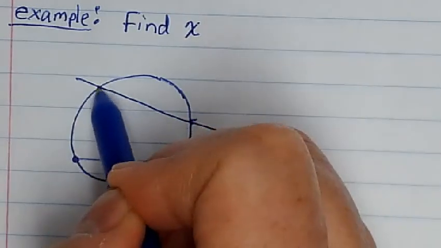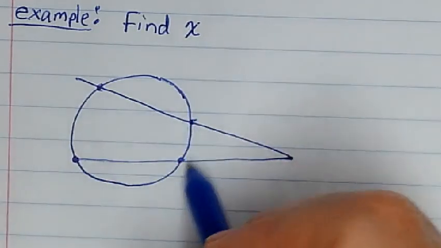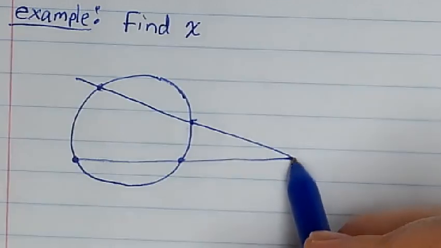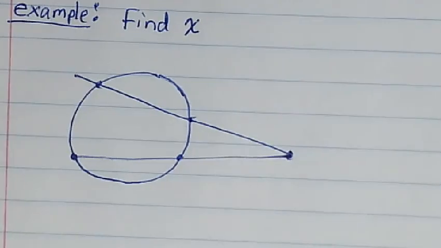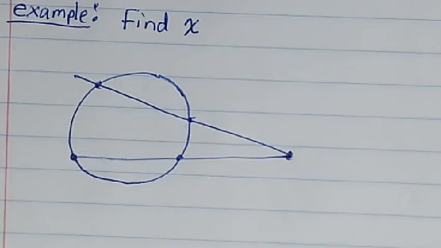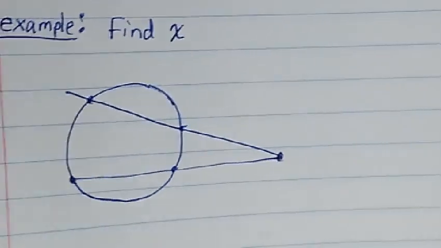Notice these secants hit the circle twice, but also notice that they intersect each other on the outside. Yay! Copy that. Don't worry, I'll go back to that.